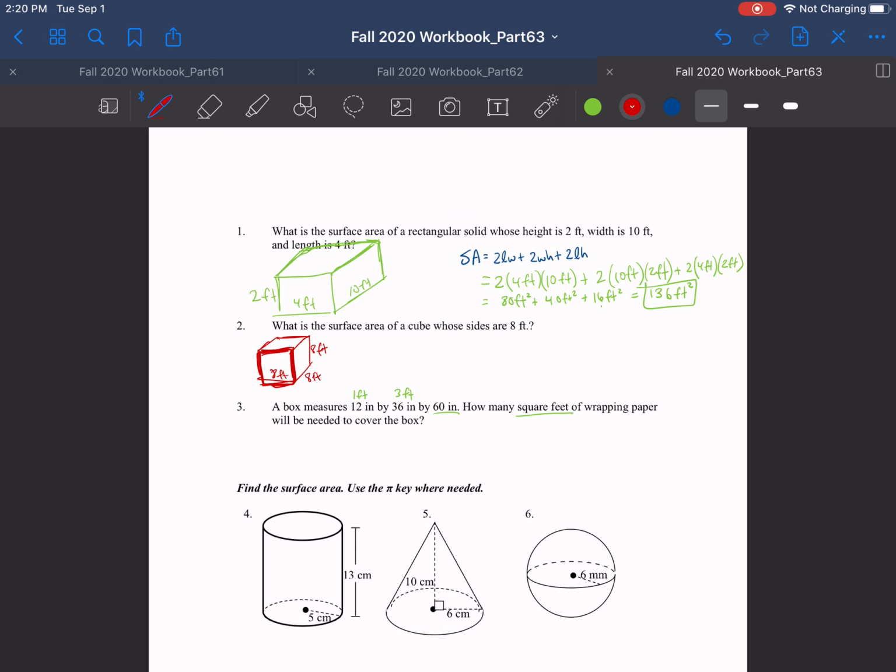There's the front one and the back one, there's this side over here, there's this side over here, and then there's the top one and the bottom one. So there are 6 faces to a cube, which means surface area is equal to 6 times the area of one of the faces, and each face is 8 feet squared.